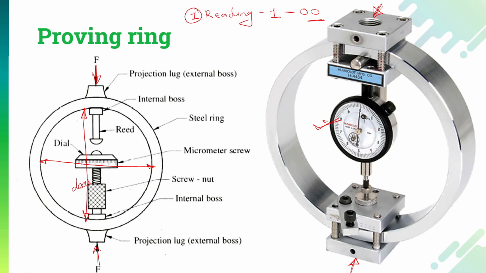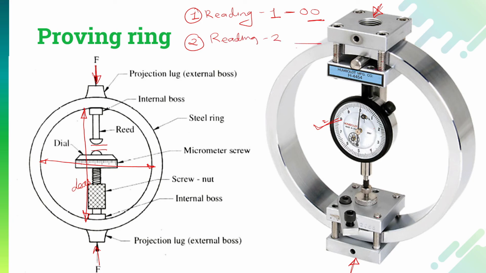Once again, we will remove the gap between the micrometer and the reed. The gap between the micrometer and the reed will be made 0 and that second reading will be measured. So this is the second reading, reading number 2.